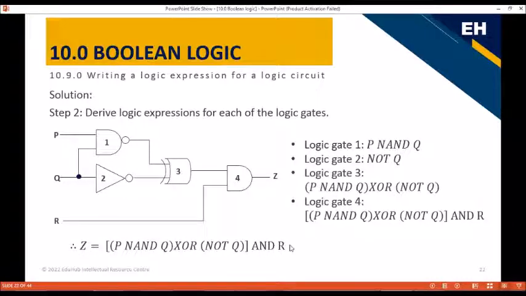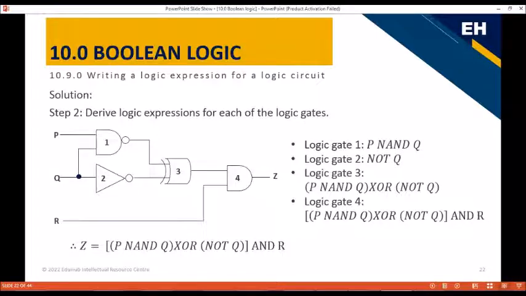Now, it's very good you make informed use of the parentheses and the square brackets in order to differentiate what you're dealing with. So as you can see, the first logic gate combination I enclose within parentheses before combining it with the second logic gate at the third level logic gate.